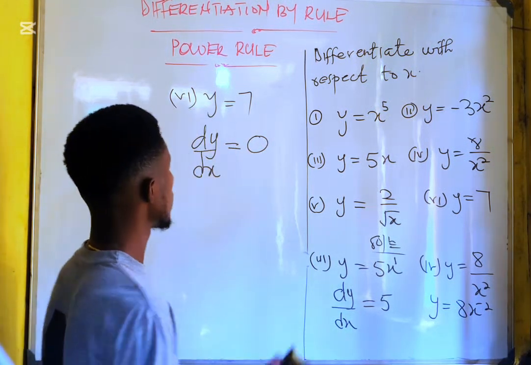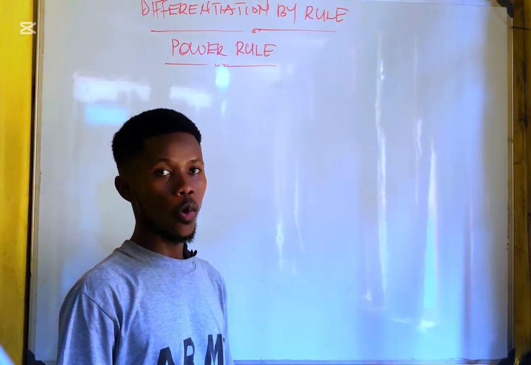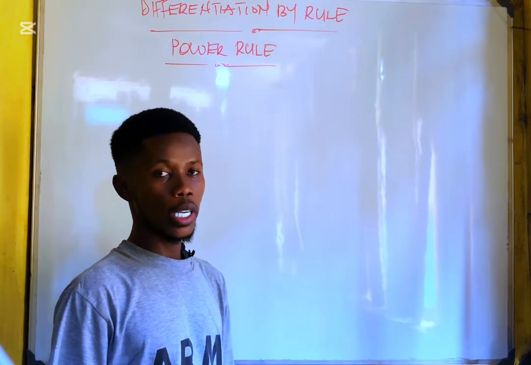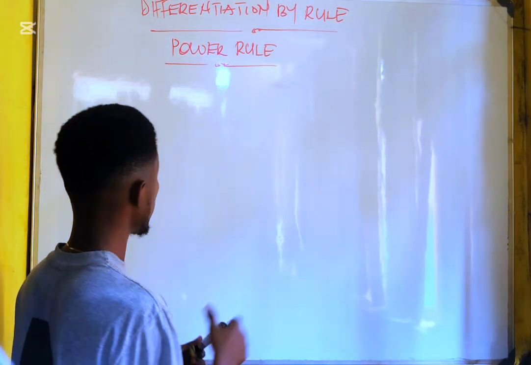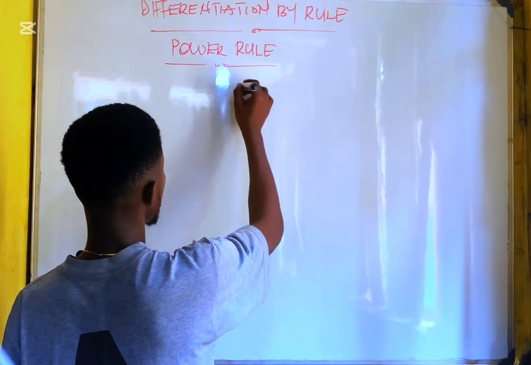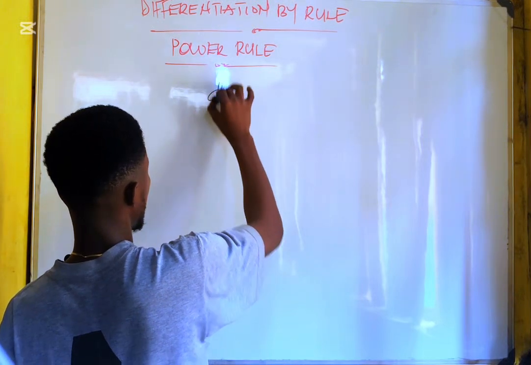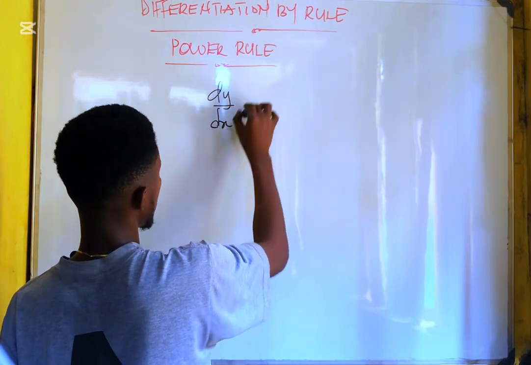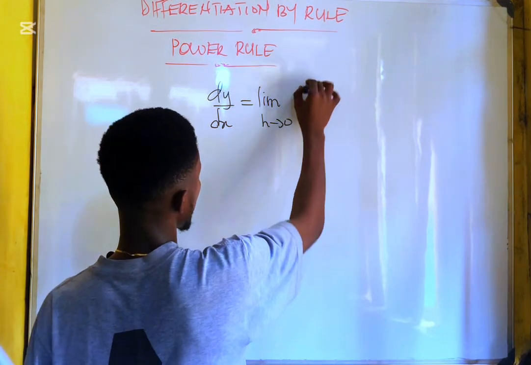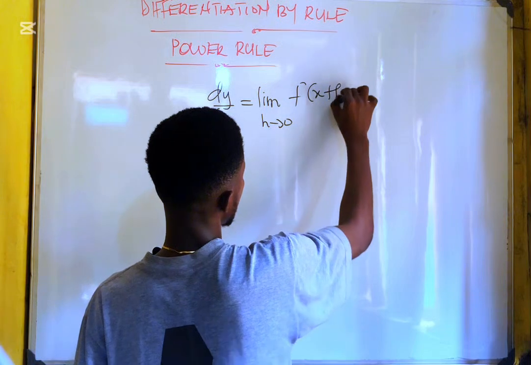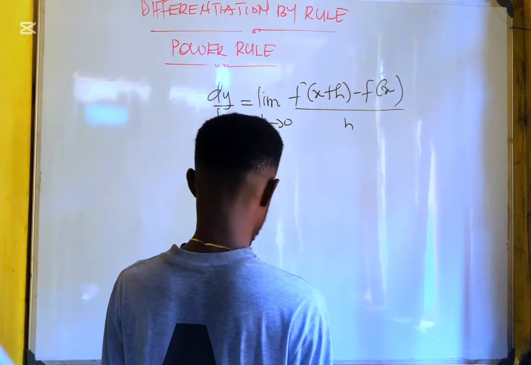So let's see. So we are going to use the first principle to prove why the derivative of a constant is 0. So from the first principle, we know that dy/dx is always equal to the limit as h approaches 0 of f at x plus h minus f at x, all divided by h.